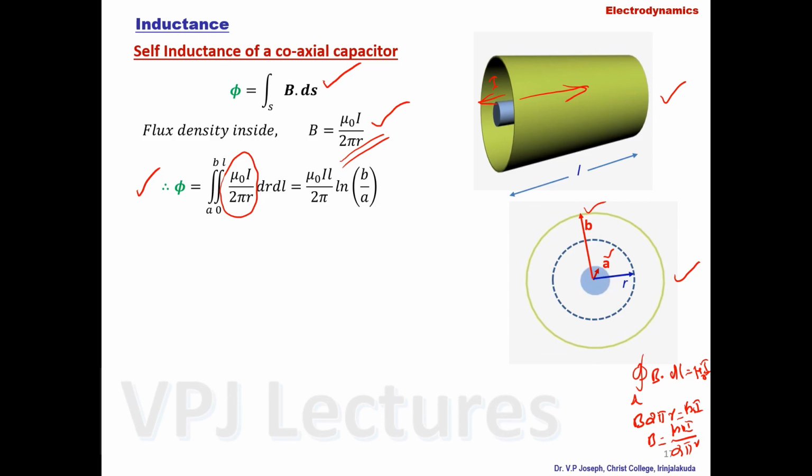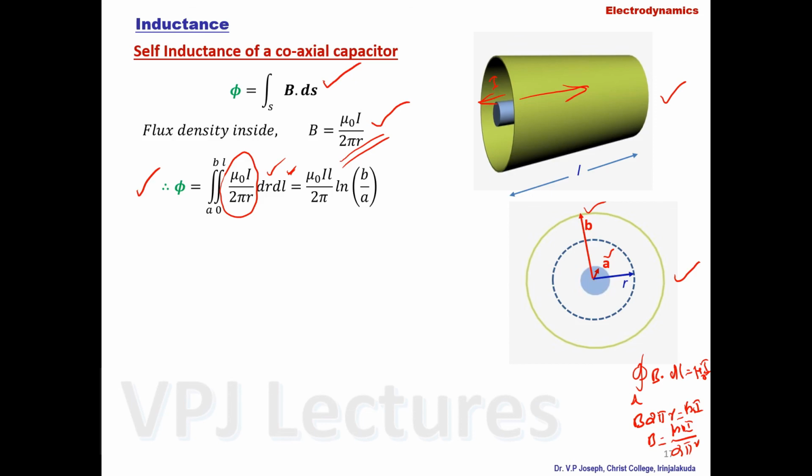Now ds in this case is given by dr into dl, because we are taking integration over the radius, that is, this flux is changing from a to b, and also it extends up to L, the length of the capacitor or cable. So integral a to b dr and integral 0 to L dl.